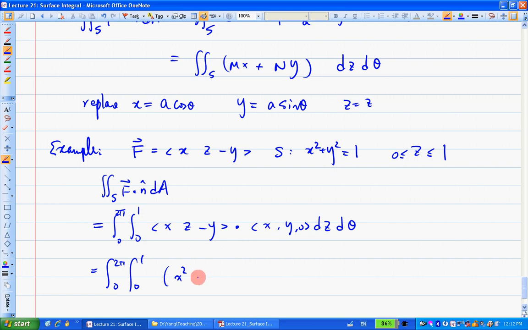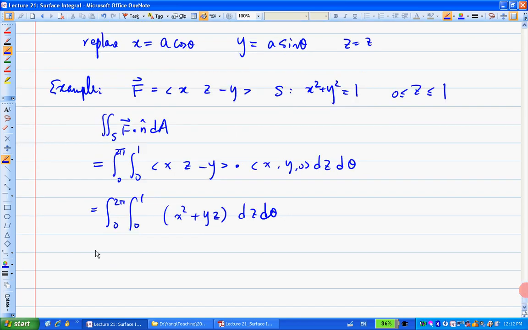So x squared plus zy dz d theta. And change the x to r cosine theta squared. Now r, change that to a, right? And a is 1, so that's just cosine squared theta. And y is sine theta, and z is z. Okay, was that right? Yeah.